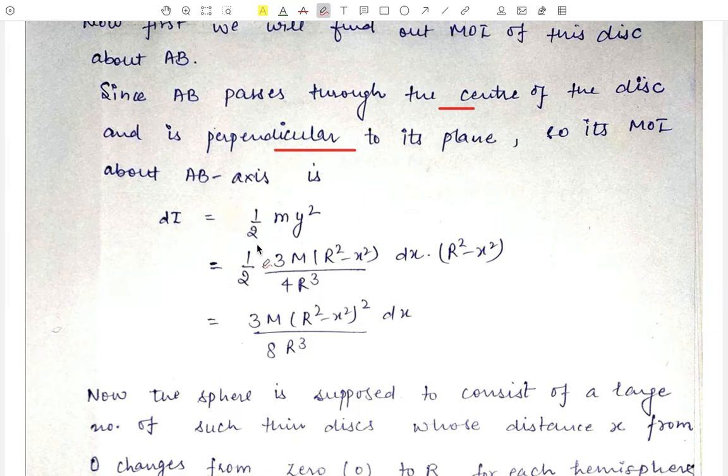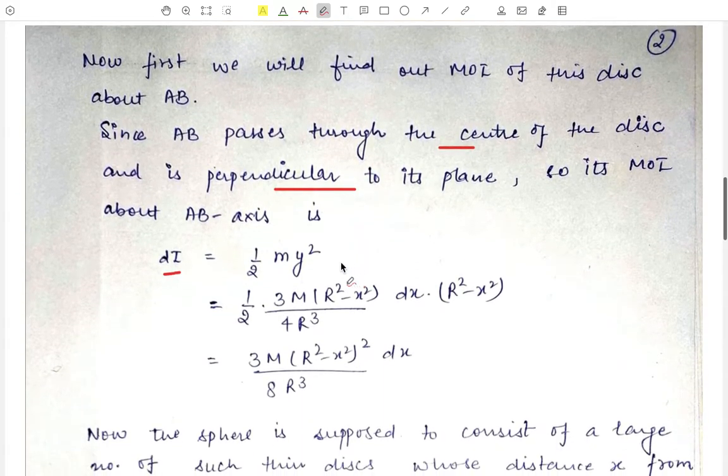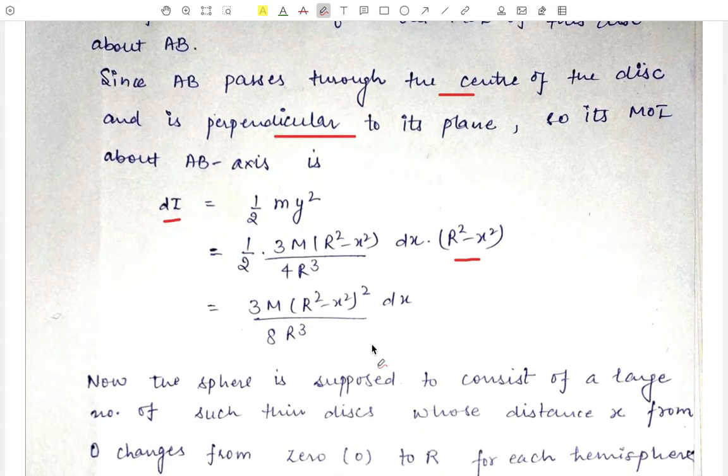Therefore, using this formula, we can get the small moment of inertia of the disk about AB axis, that is equal to half into 3m into r square minus x square upon 4r cube into dx, as it is clearly visible here, into y square, and y square is equal to r square minus x square. Upon simplification, we get it is equal to 3m upon 8 r cube into the whole square of r square minus x square into dx.